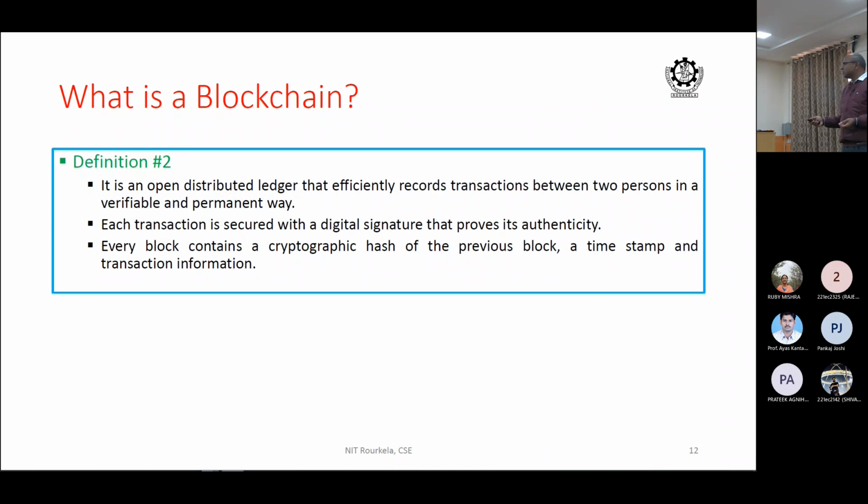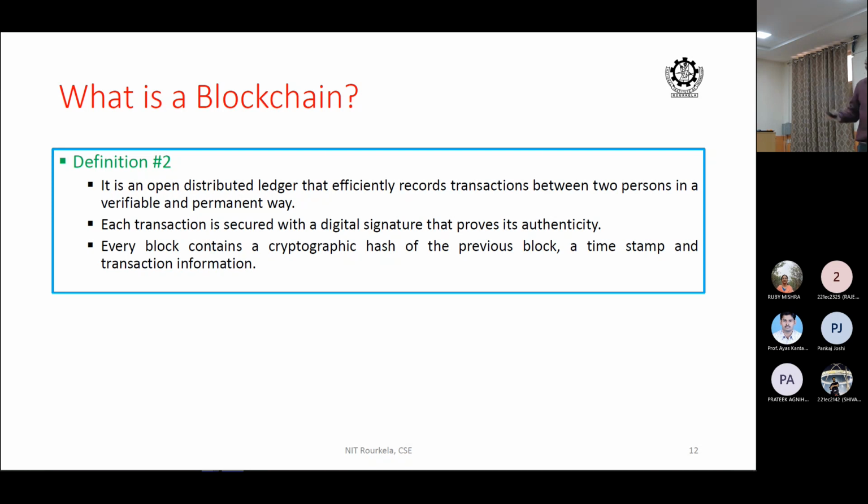Each transaction is secured with a digital signature that proves the authenticity. One point we said is that there's a problem with the authenticity of the transactions. Now, when you have authenticity, you can either encrypt it or digitally sign it, but we have low cost devices with low processing power, resource constrained devices.